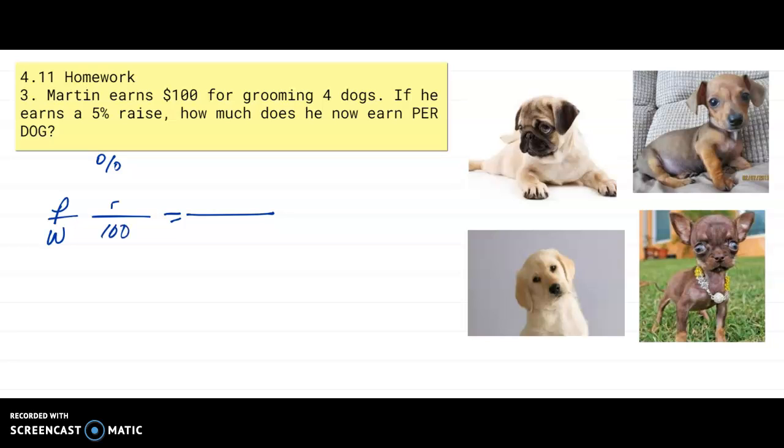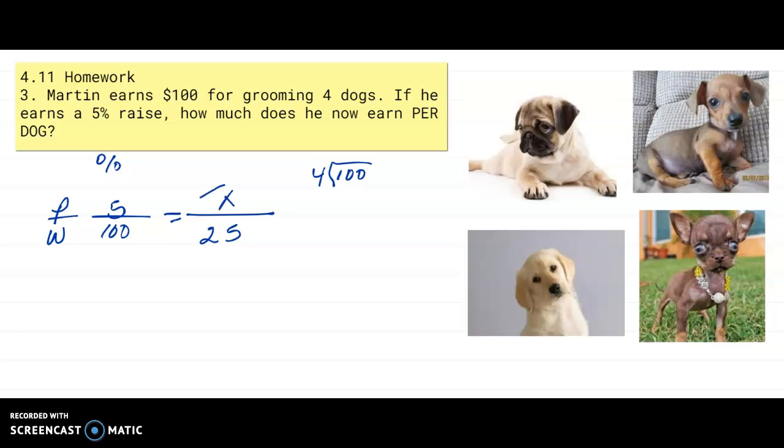And I want to know what 5% of 25 is. Okay, and again, 25 came from dividing $100 by 4, right? And I did that in my head. 100 divided by 4 is 25.